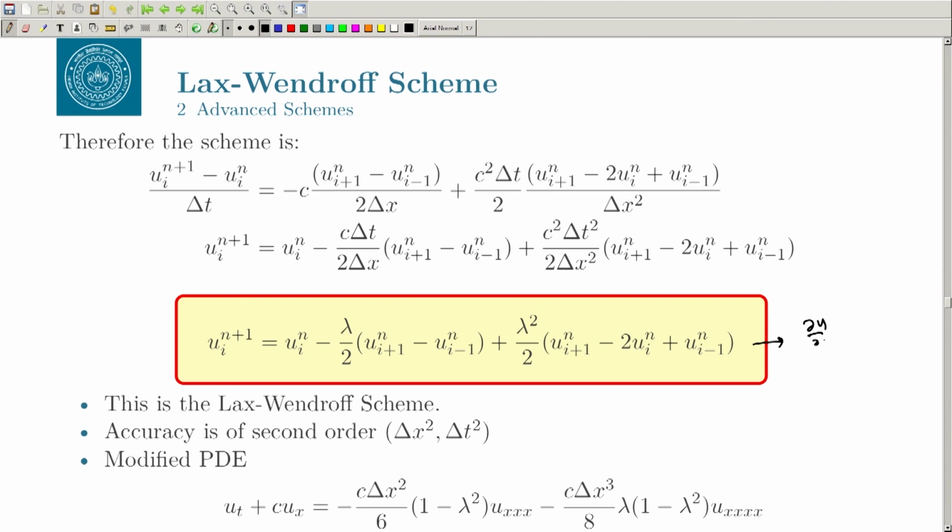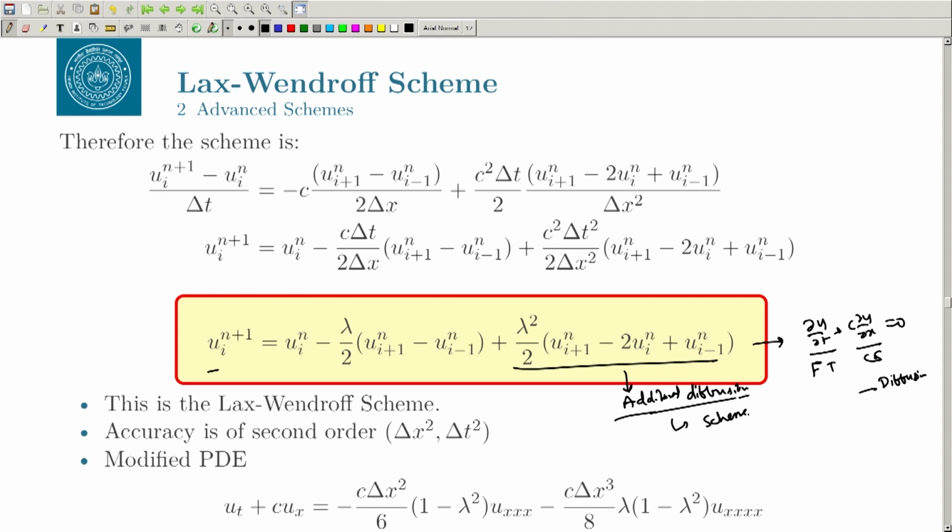Remember, we are still solving del u by del t plus c del u by del x, but we are solving in a way that del u by del t is done using forward in time, this is done central in space, and then we have an additional diffusion term, which is just making sure that the scheme becomes stable. We will look at the stability of the scheme very soon.